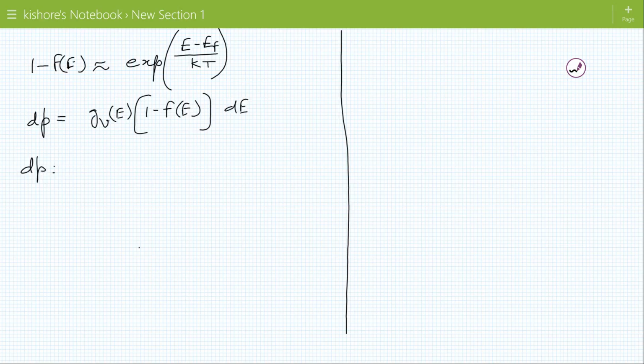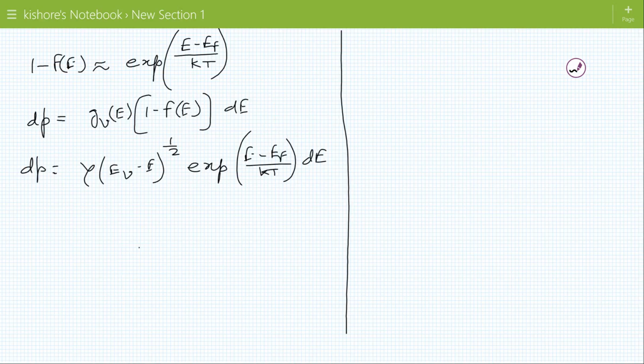So this dP is gamma (EV minus E) to the power 1 by 2 e to the power (E minus EF) by kT dE. Now the expression for concentration of holes in valence band can be obtained by integrating this dP from minus infinity to EV, because EV is the highest energy of valence band.